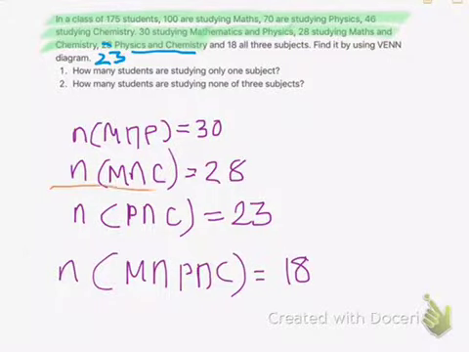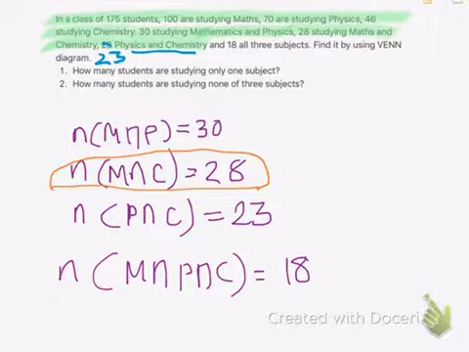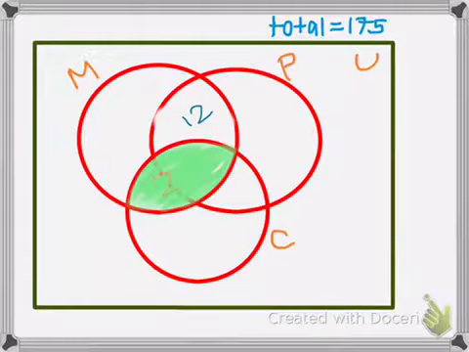Similarly, we can do it for students studying both maths and chemistry, M intersection C. It's 28. So the green part over here represents maths intersection chemistry, because this circle over here is 28, and the circle C is students studying chemistry, and the intersection is the common part.